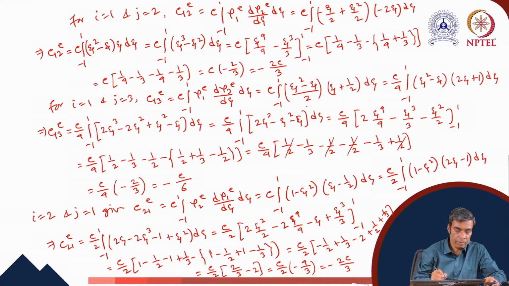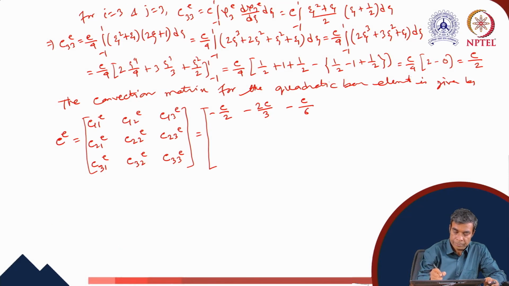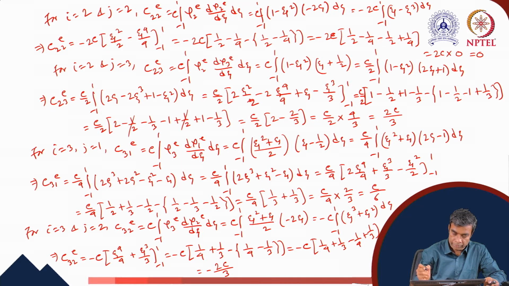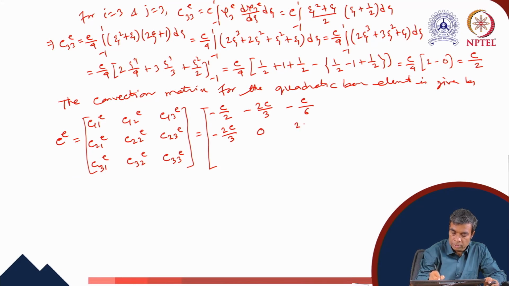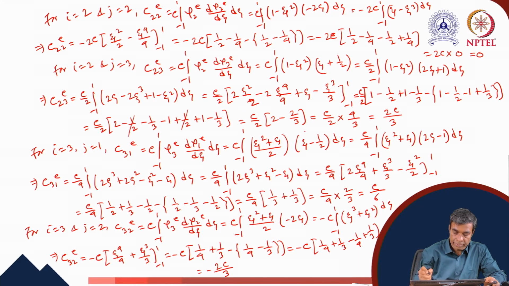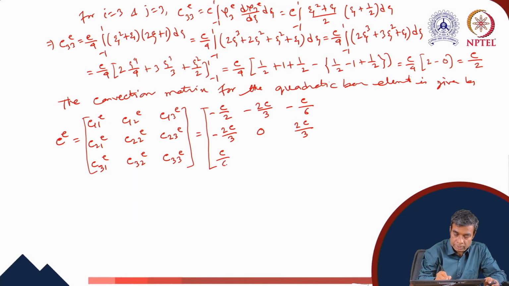In the second row, we had minus 2c by 3, C22e was 0, and C23e was 2c by 3. In the third row, we had c by 6, minus 2c by 3, and the last term C33e was c by 2.